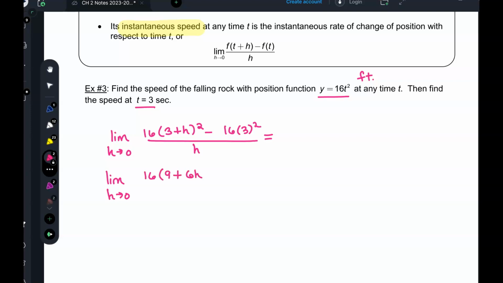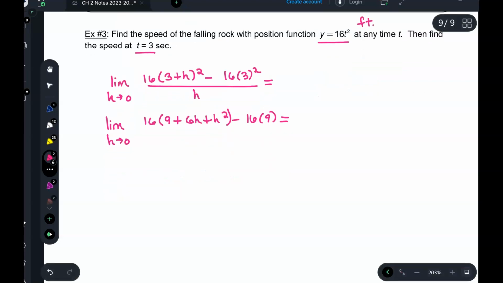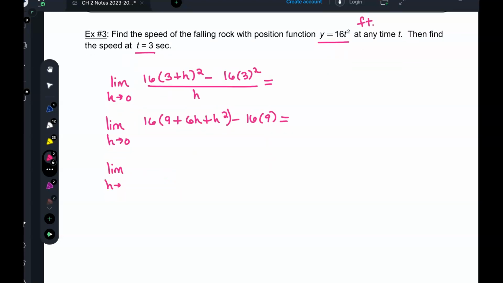Are we supposed to find it without plugging in 3 first? Because it says, find the speed of the falling rock with the position at any time. Isn't plugging in 3 wrong for this? Well, if I plugged in 3 here, what does this give me? This just gives me the height of the rock, the placement.